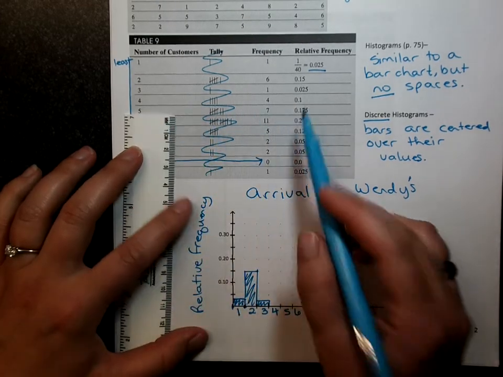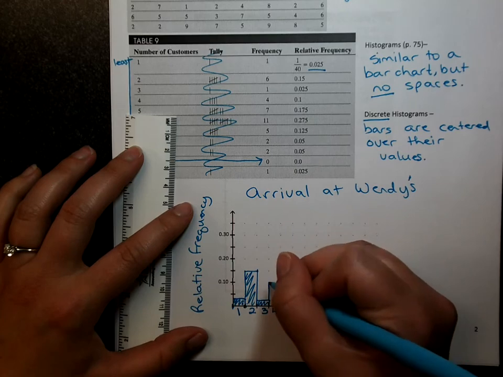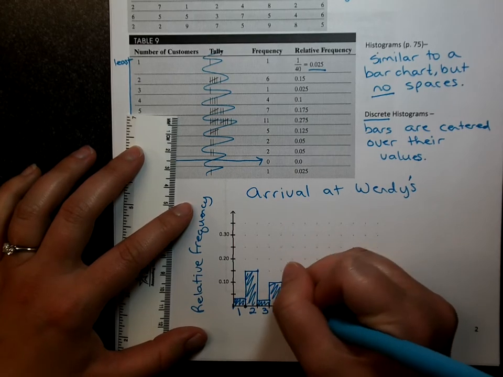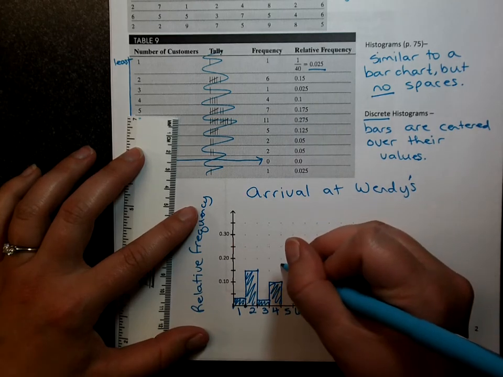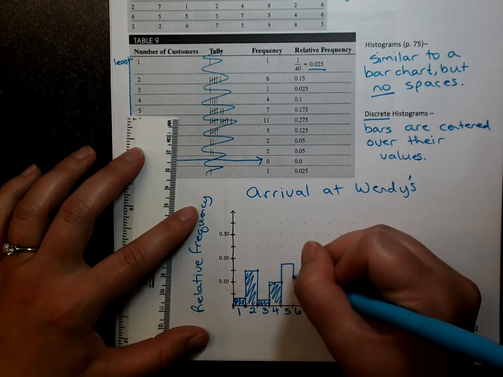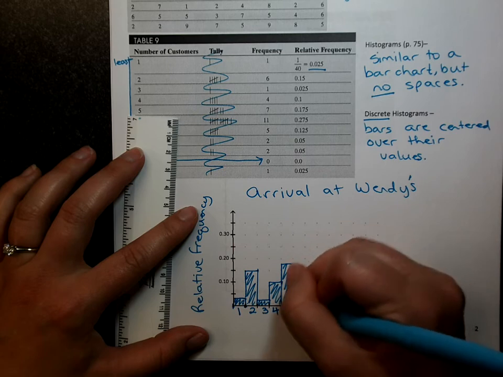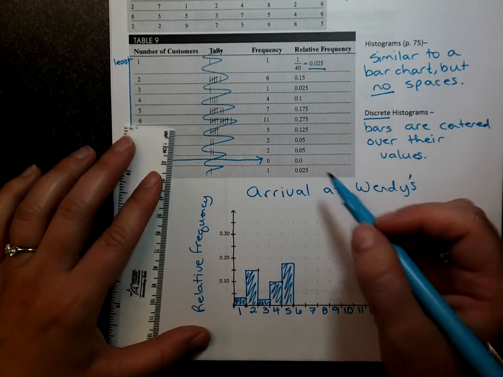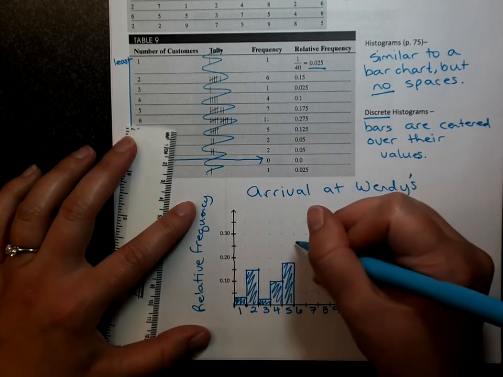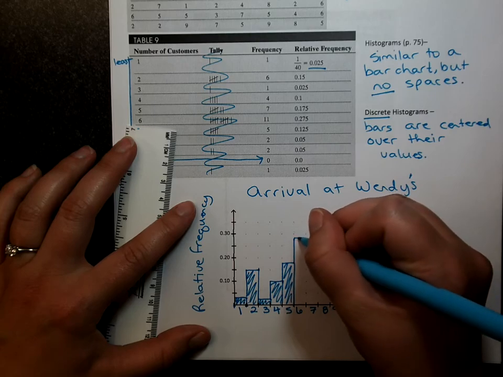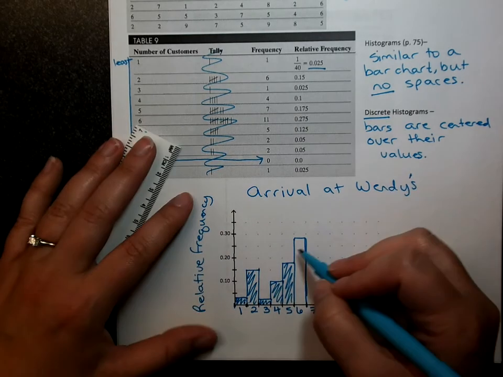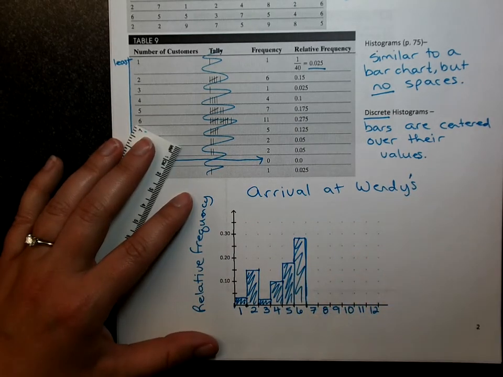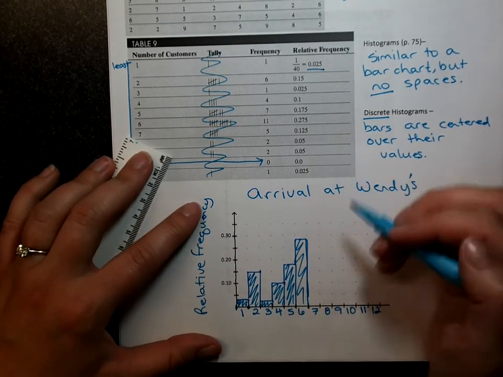So for 3, we have 0.025 again, very small bar. For 4, we have 0.1. For 5, we have 0.175, which is up there. And they just stack all against each other. For 6, 0.275. Use that ruler. So all smushed together here. For 7, we had 0.125.